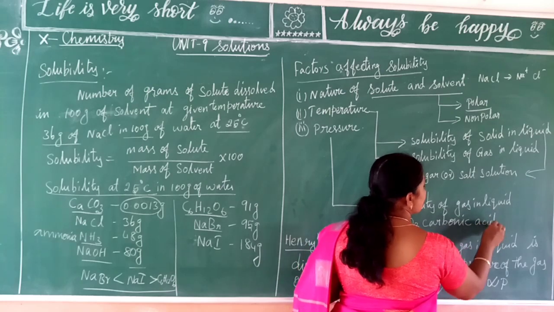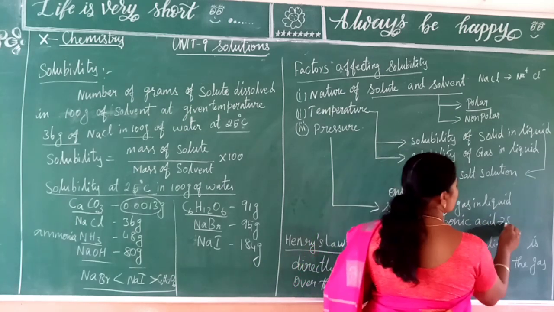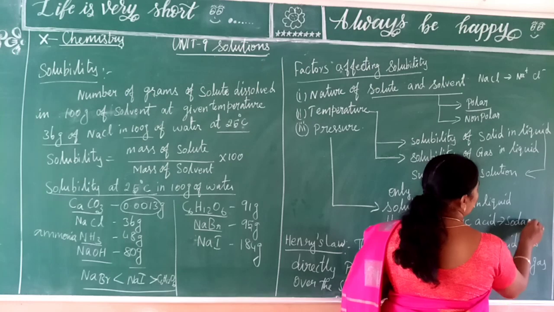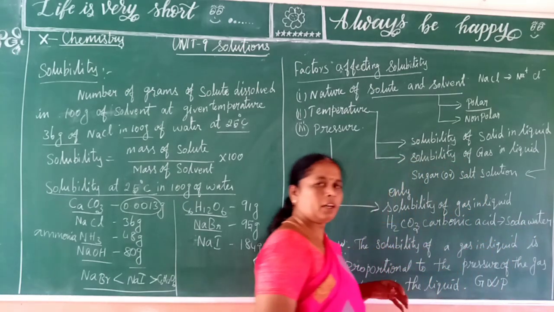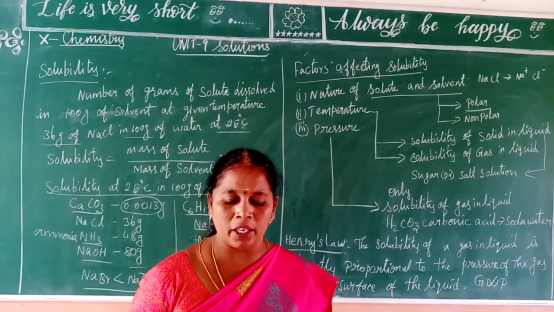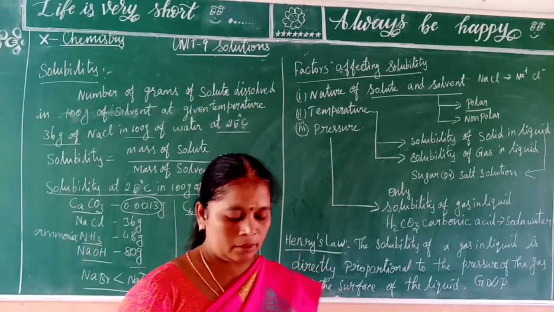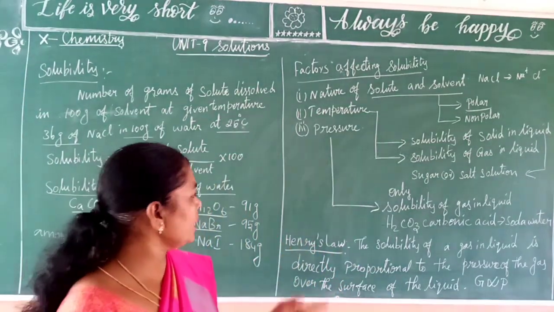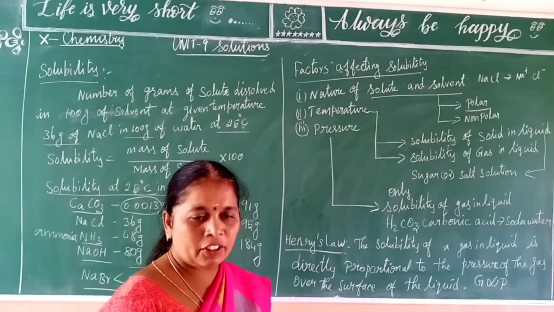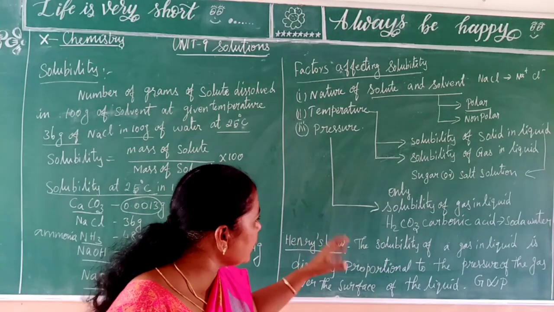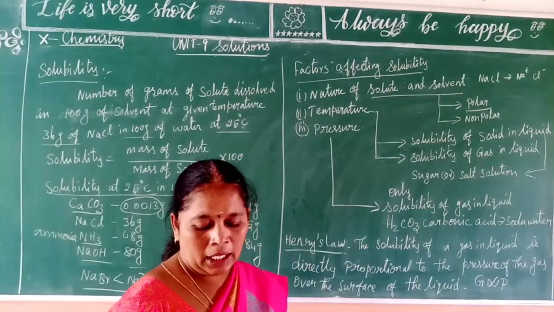This acid is what is known as soda water. The soda water we drink is nothing but the effect of pressure; only then is it converted. So the effect of pressure is observed only for gas in liquid.